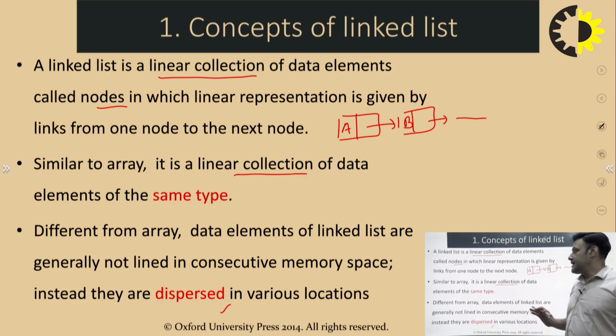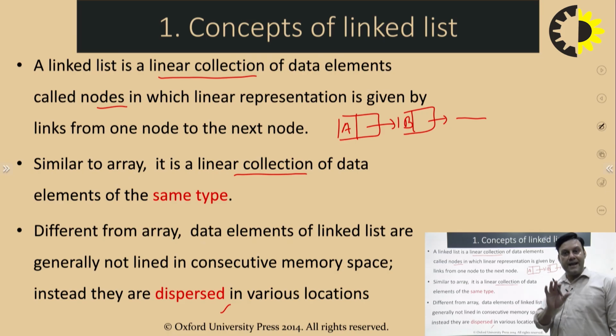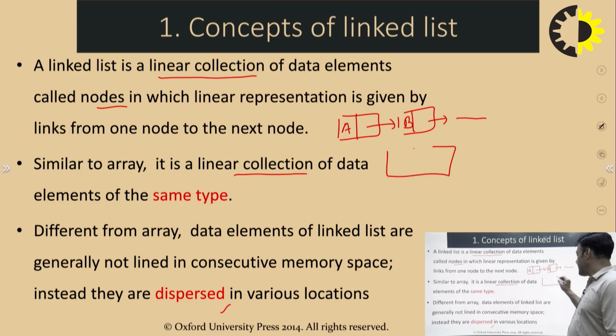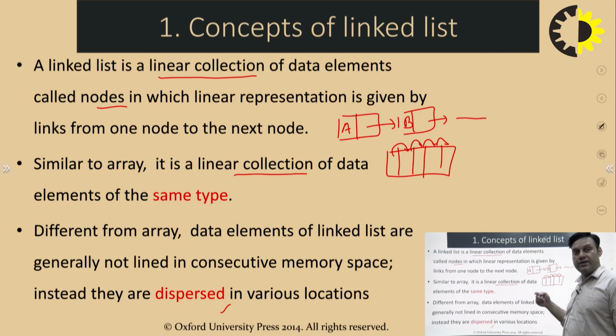The difference is that in an array the elements are stored in contiguous memory allocation, one by one, 1, 2, 3, 4, like this. And we know that an array is accessed with the help of an index position.